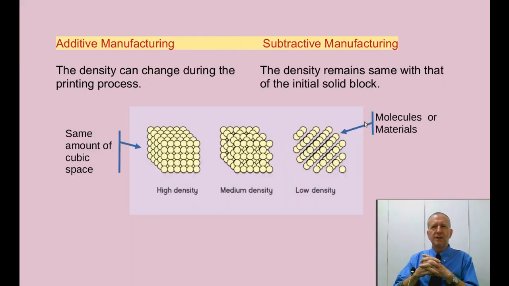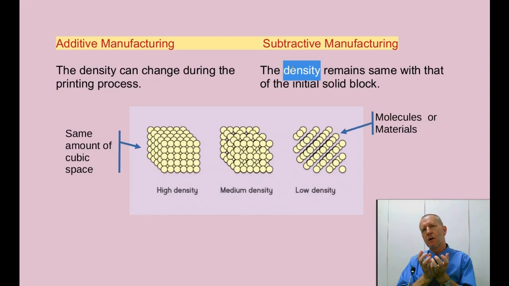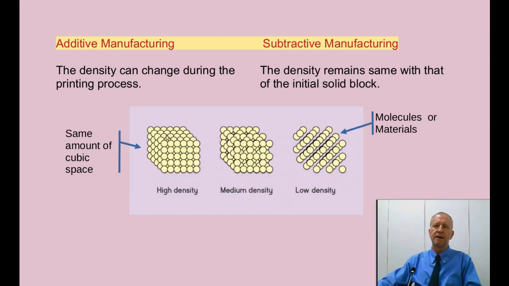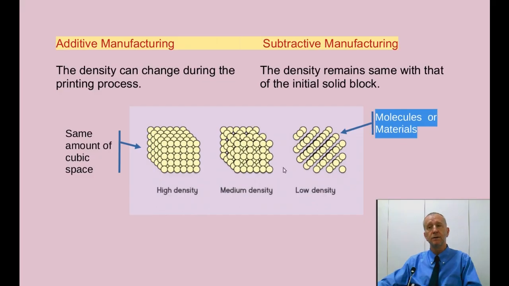The density can change during the printing process. The density can change. In subtractive manufacturing, you start with a piece of material and that density is the same all the way through. Now, if you want to know what density is, it's taking the same amount of cubic space and having different amounts of molecules or materials.